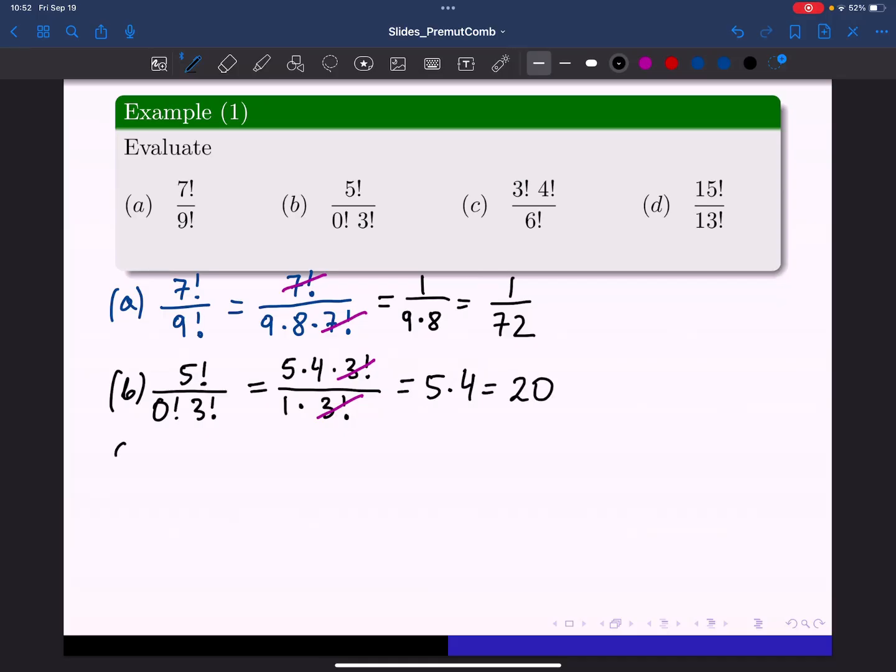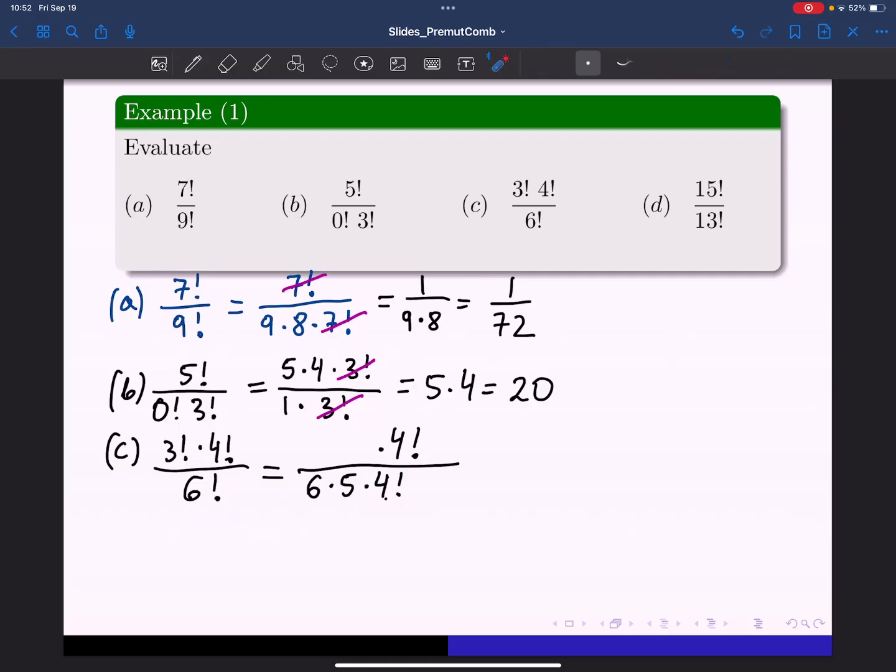Part C. We had 3 factorial times 4 factorial over 6 factorial. I like to start with the bigger factorial until I get to some number. So we have 6 times 5 times 4, and can go down 4, 3, 2, 1 or 4 factorial. On the top, I will keep this 4 factorial because I want to cancel later on.